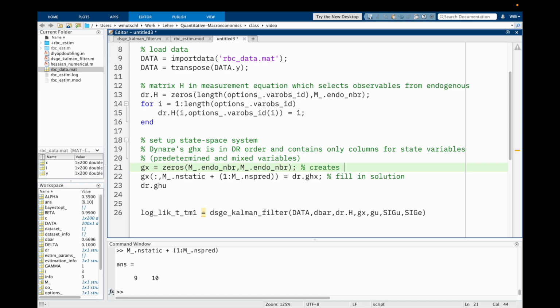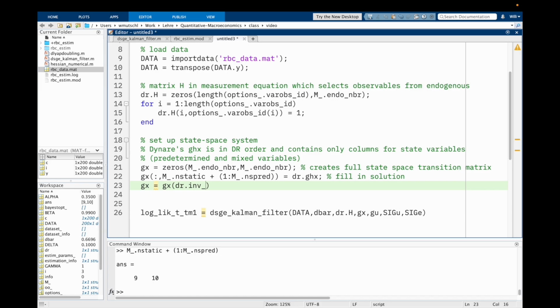Okay, so fill in the solution. This creates the full Kalman or state space transition matrix. And lastly, I'm going to put this in declaration order, so I'm going to overwrite GX.